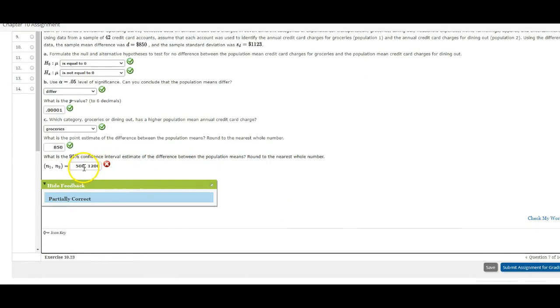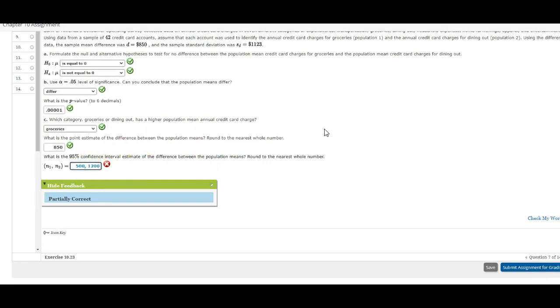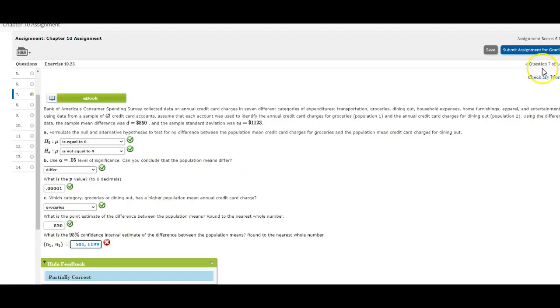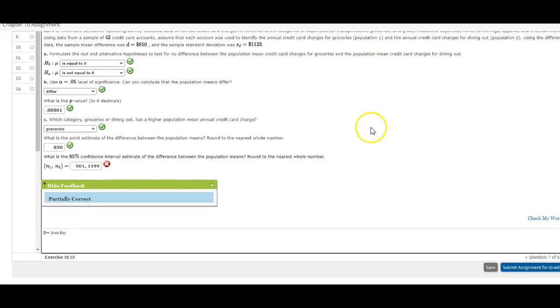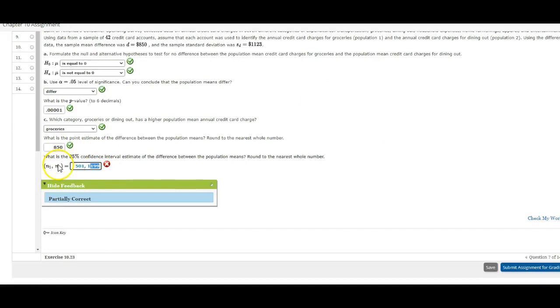And I've tried variations, a number of different ways, but I'm still not getting the number that they consider to be correct. So I have to discuss this with you to see what I'm missing.